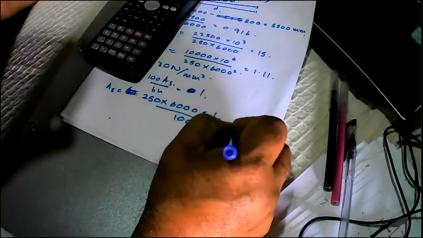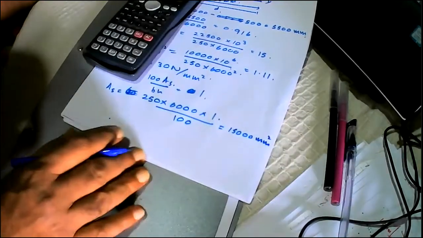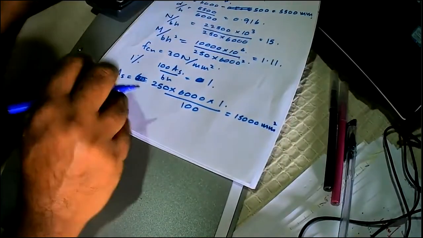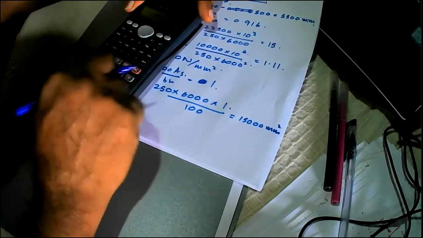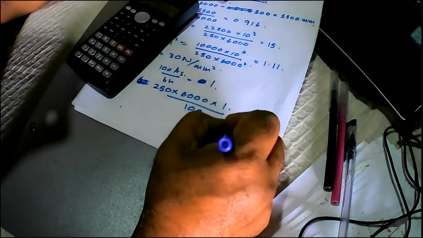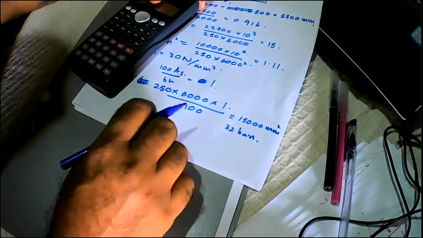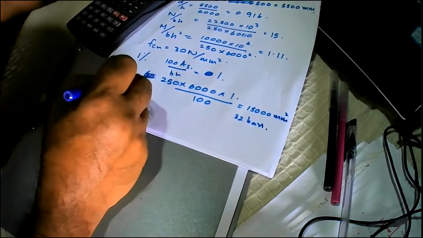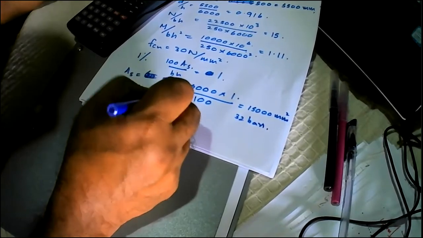So we need 15,000 square millimeters of reinforcement. So what you do is 15,000 square millimeters divided by 490. We need about 30.6 bars, which means we can provide 32 bars of 25 millimeter diameter.